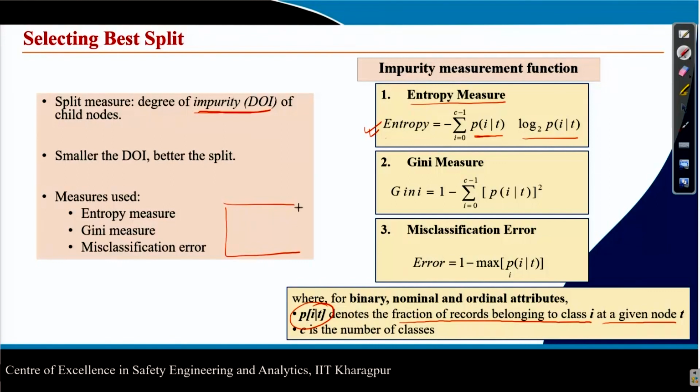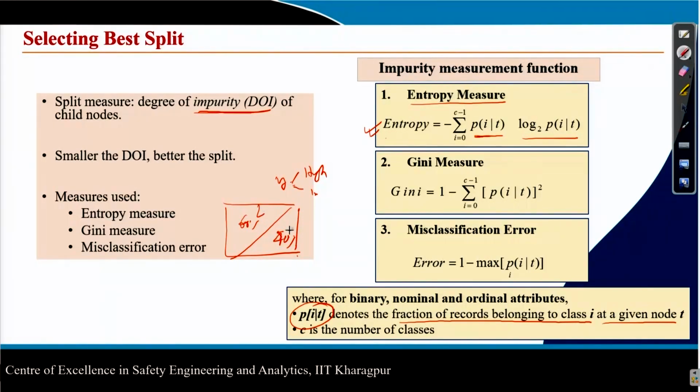The first one is the root node. If you split it, we look at the fraction of records belonging to each class. Let there be two classes, say y is high and low.